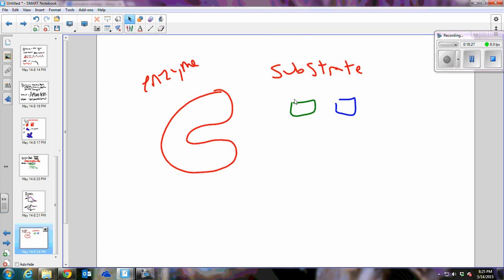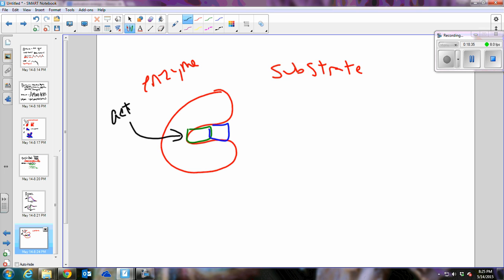All right, and so those substrates will fit right in this little site, and this site has a name, of course, and it's called the active site. And the way this works is picture a rubber glove and you sticking your hand down on the rubber glove. Now, it's not a perfect fit.